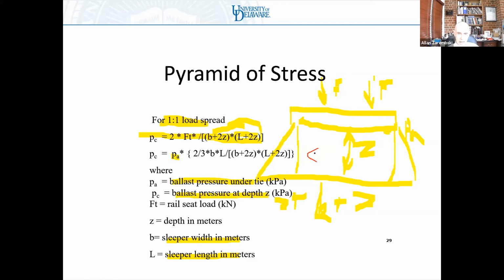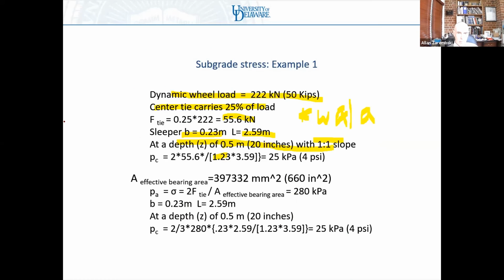If Z is 0.5 meter, then my length here is L plus 0.5 plus 0.5, or 1 plus L. So if the sleeper length is 2.59 meters, at half a meter down it's 3.59.